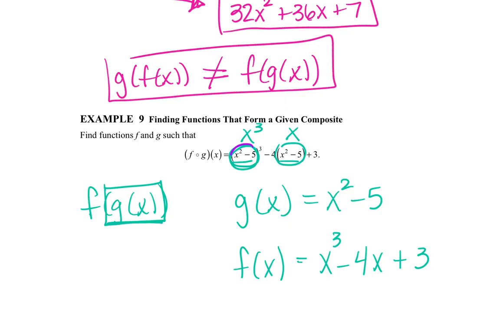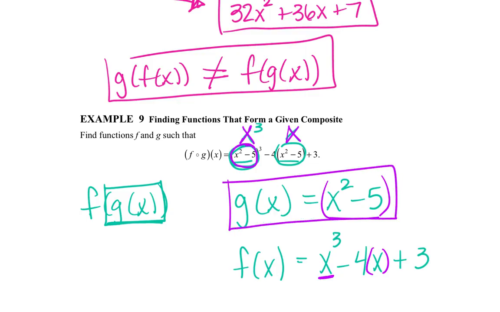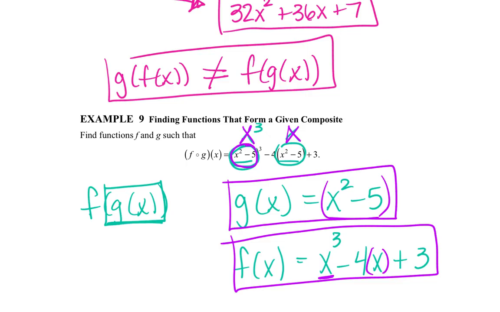So you take the piece that's repeating, that's probably filling in for the original x. So you replace the original x with all of that. So this is your g of x, and this is your f of x. And that wraps up 2.8 and chapter 2.